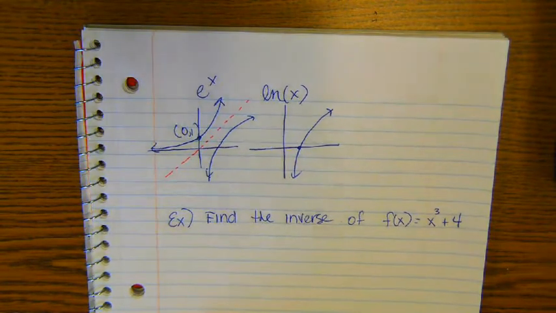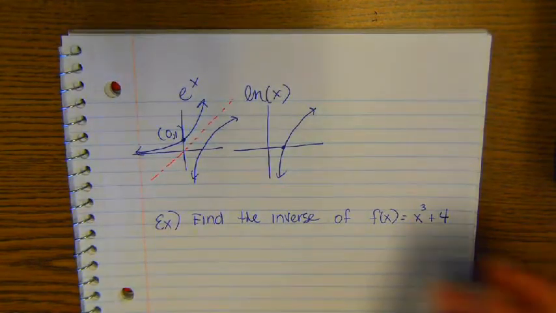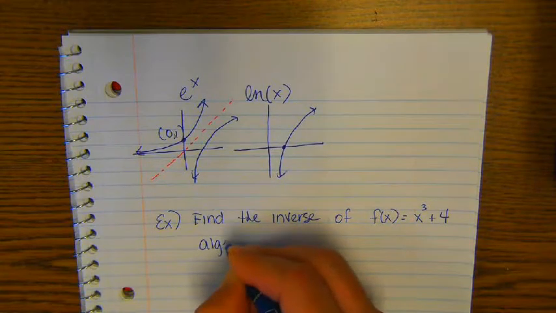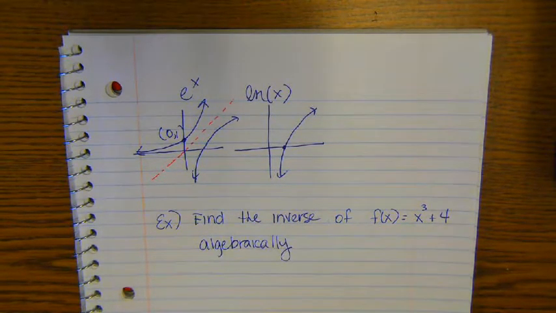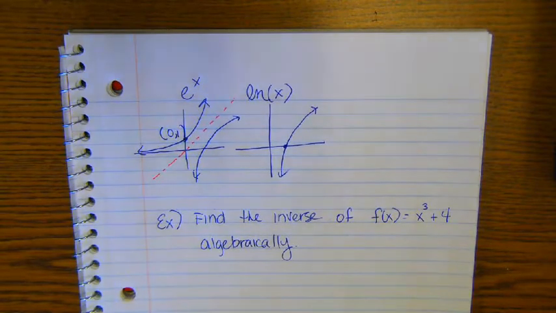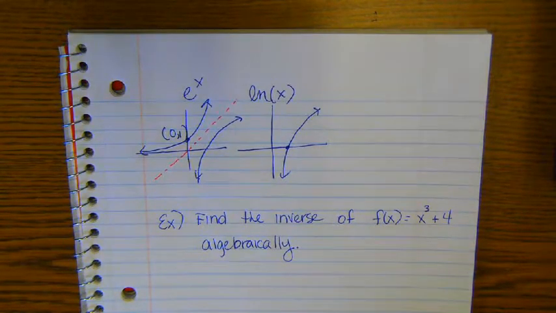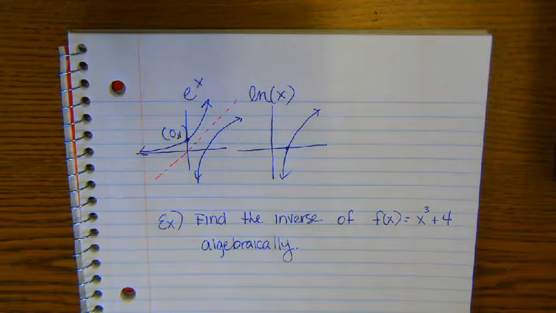Okay, so let's find the inverse of x cubed plus 4 algebraically. In your book, it does give a list of steps, by the way. Like it says this is what you do, but I'll show you. And it hopefully will make sense. To find the inverse algebraically, what we do, basically, is we reverse the x and y.